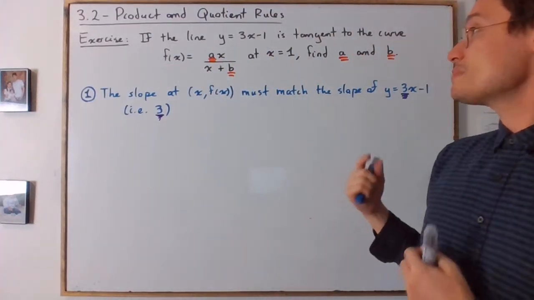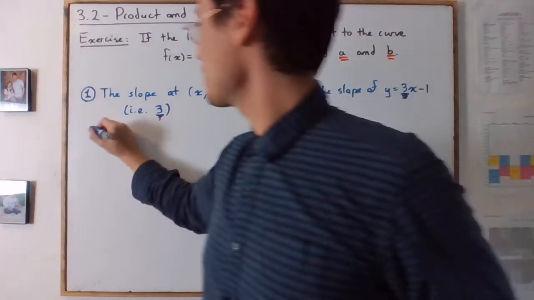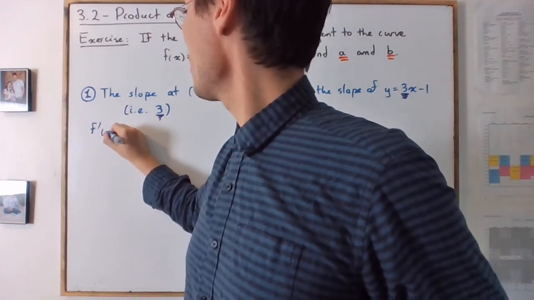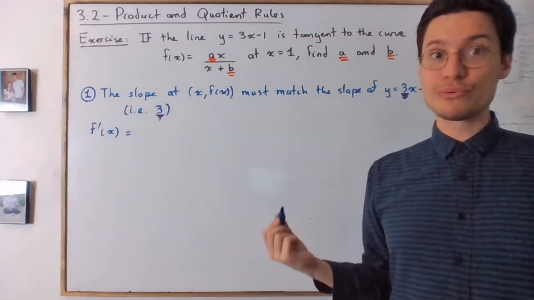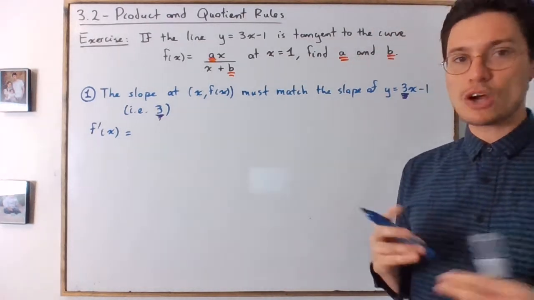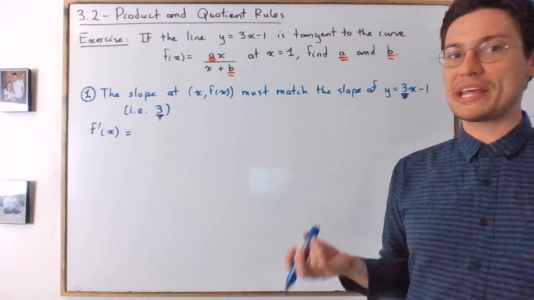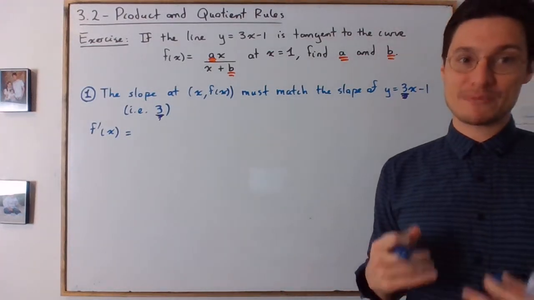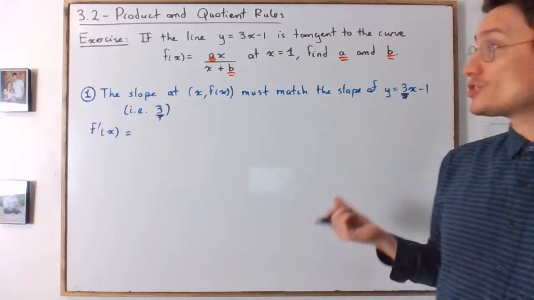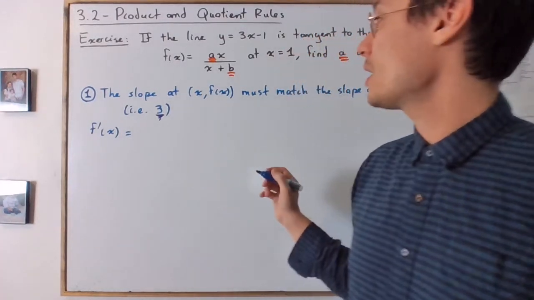So what does it mean? It means that you're going to perform the derivative of this function, so f prime of x. And this is the quotient rule. Now, as you get comfortable with the quotient rule, you can go really, really fast. I'm going to go slower than what I'm expecting out of you, just so that you can see what's going on.